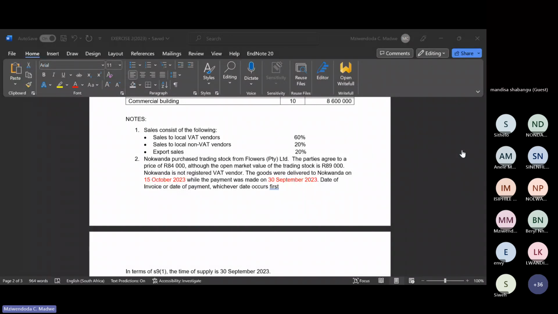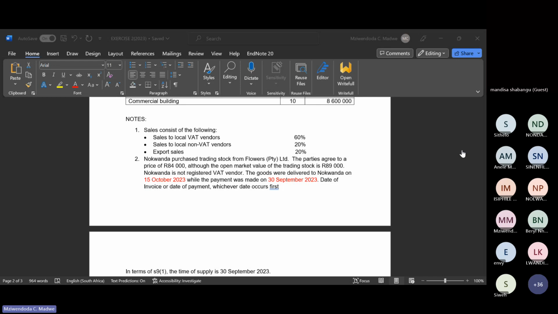So which means we are selling trading stock to Nogwanda, which is movable, because we are given the date of delivery. So now we are going back to our dates.